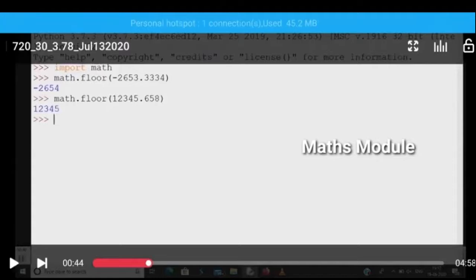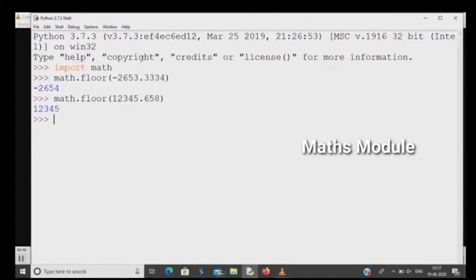You can see here, when I have written -26533334, I got the answer -2654. And when I have written 12345.658, I am getting the answer 12345.